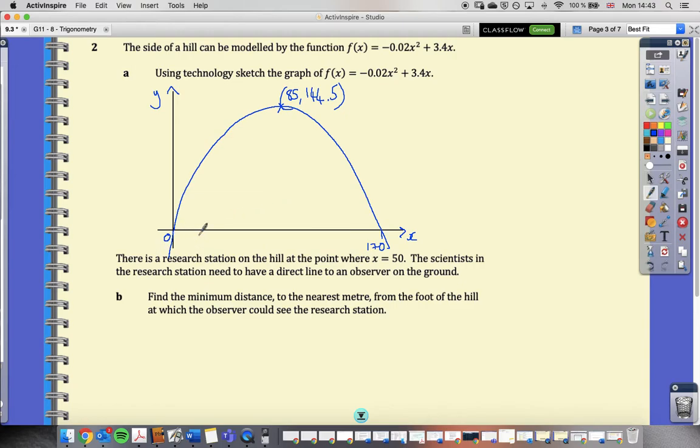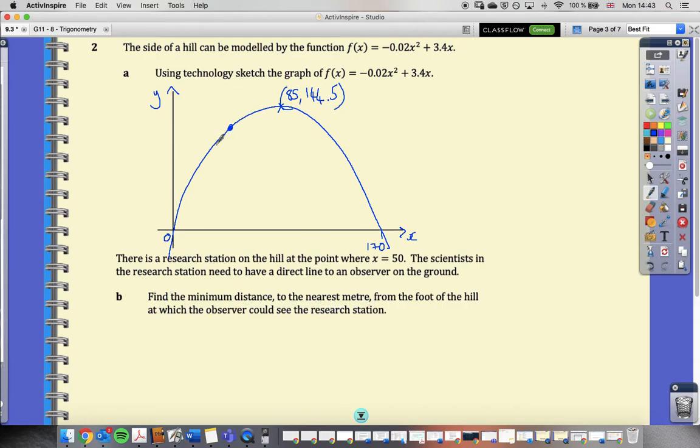There is a research station on the hill at the point where x equals 50, so somewhere around here, I guess. The scientists in the research station need to have a direct line to an observer on the ground. Find the minimum distance to the nearest meter from the foot of the hill at which the observer could reach the research station.